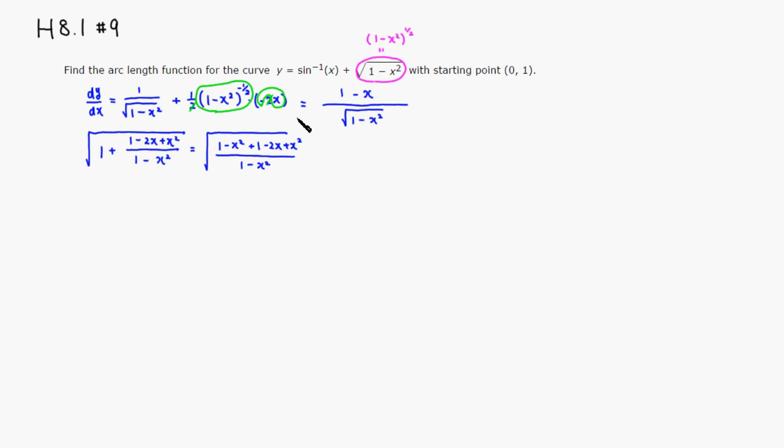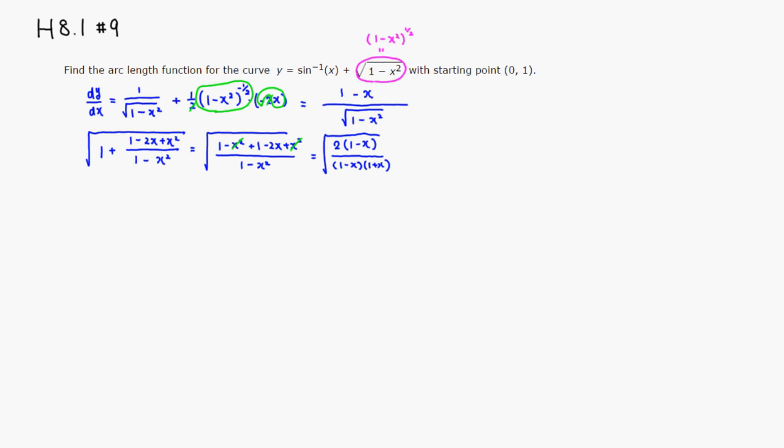Then we can cancel. There's a negative x squared there and a positive x squared. Put them all together, and it looks like we have 2 minus 2x. So I'm going to pull out the 2, then 1 minus x. The denominator can be factored as 1 minus x times quantity 1 plus x, and there's a square root there.